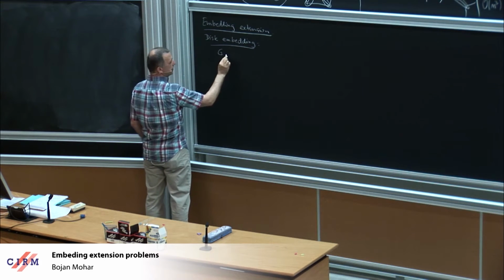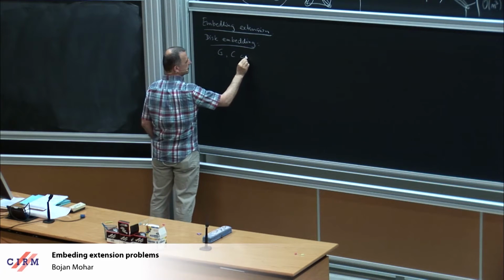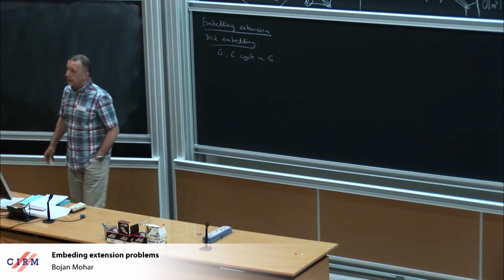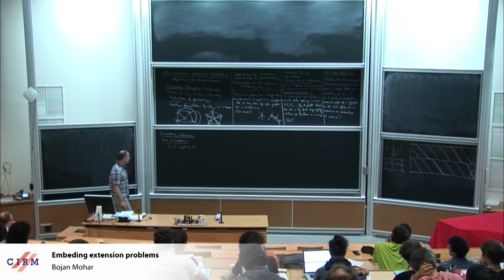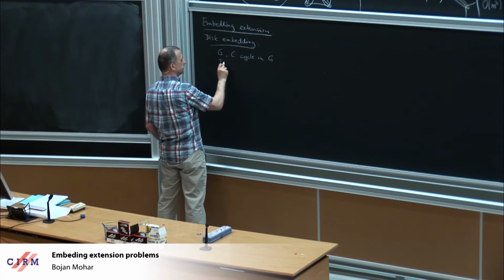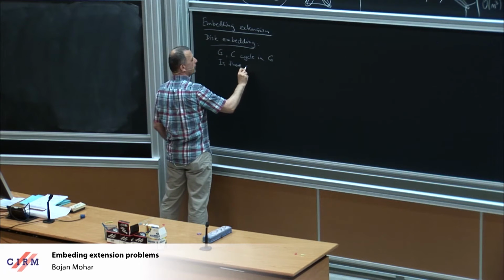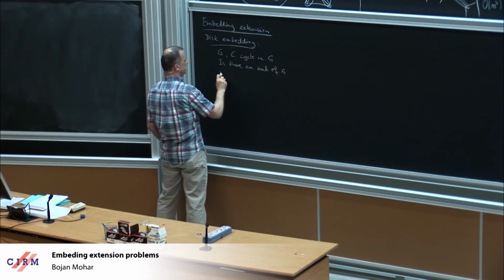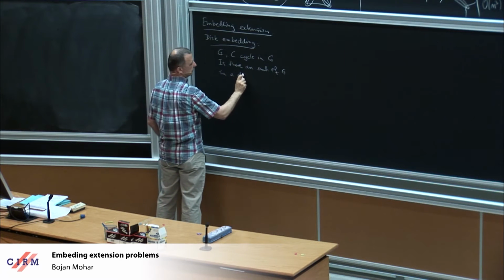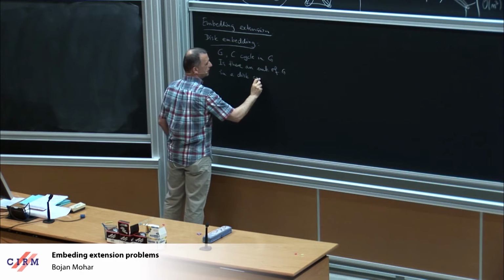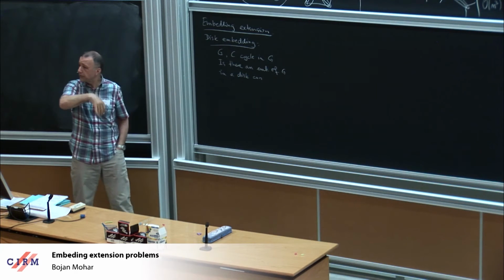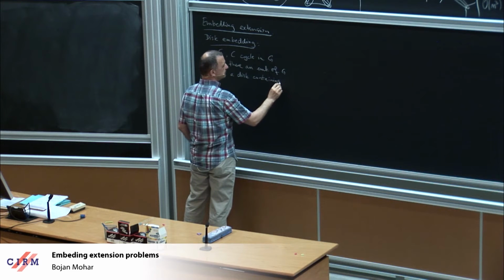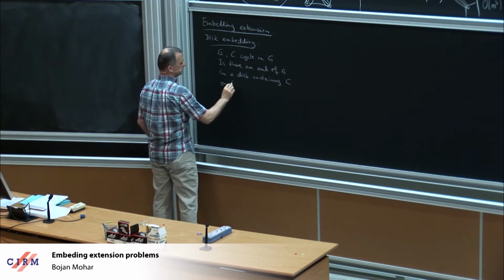I give you a graph G, and I give you C, which is a cycle in G. And then I ask, is there an embedding of G in a disk containing C on the boundary of the disk?